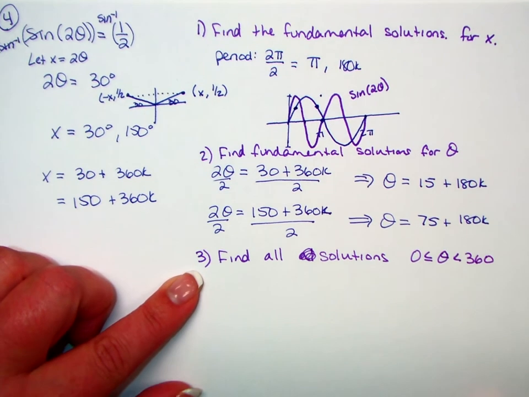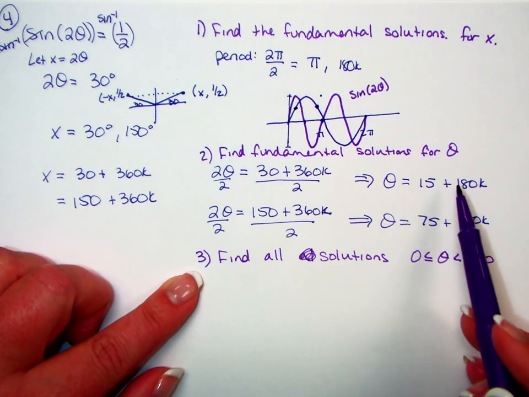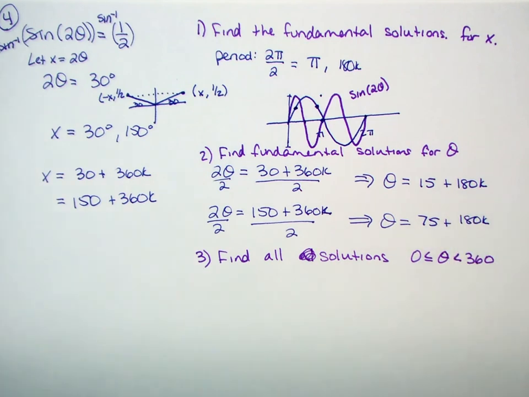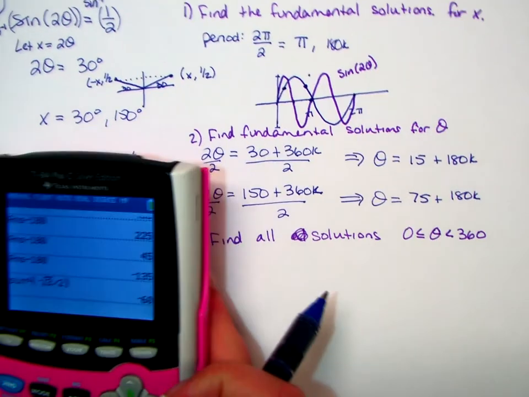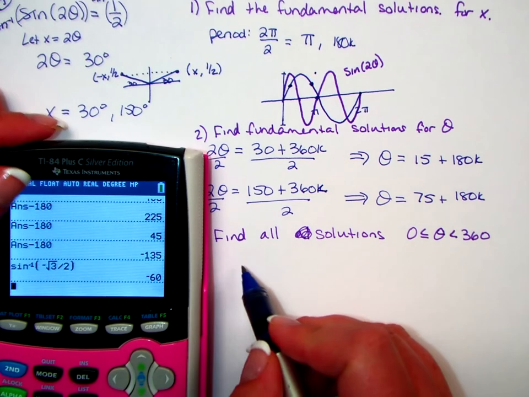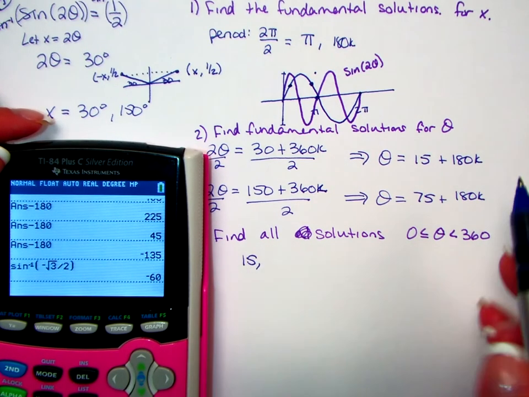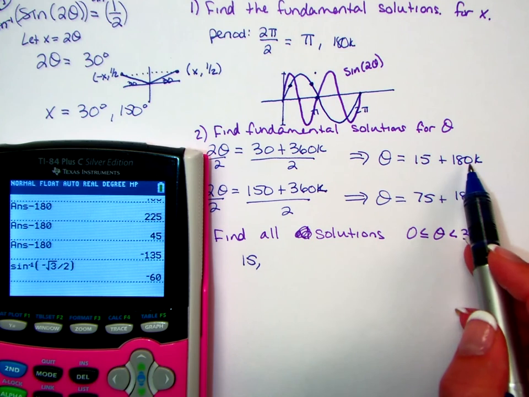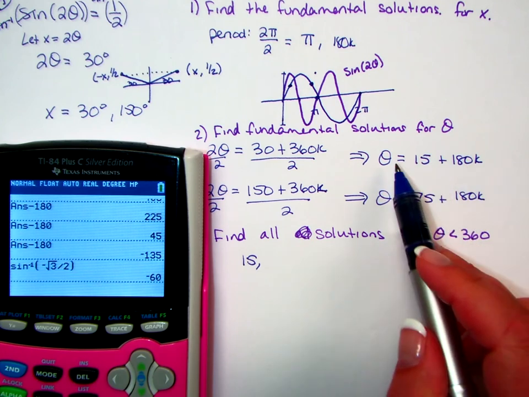Okay. And so what we're going to do is take these fundamental solutions and just start listing them out. If it falls between 0 and 360, I'm going to write it down. Right? So the first one we have is 15 degrees. And then if I subtract 180, we're going to get a negative angle.